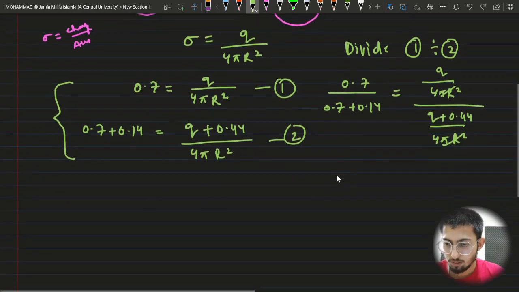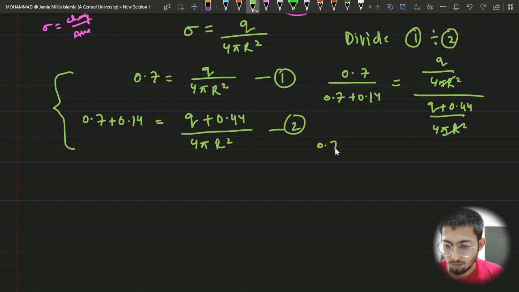And what you get is 0.7 divided by 0.84, which is q upon q plus 0.44.